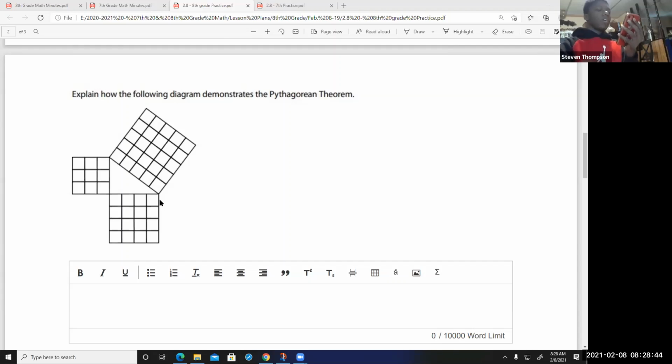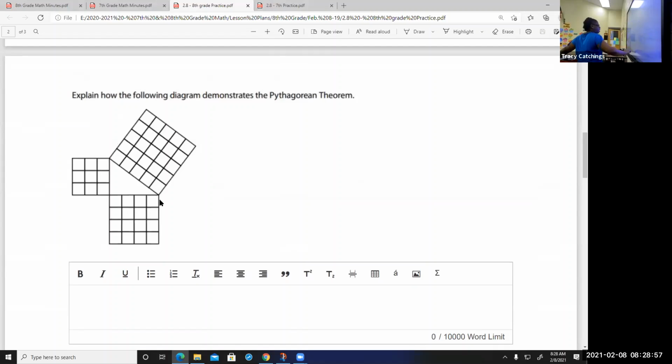That the square on the hypotenuse of a right triangle has an area equal to the combined squares on the other two sides. Alright, so the Pythagorean theorem tells us the sum of the squares of the legs is equal to the square of the hypotenuse.